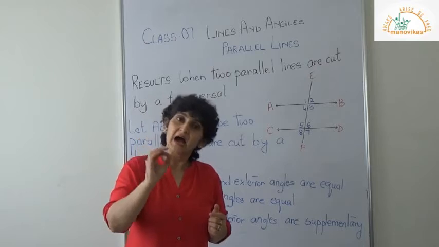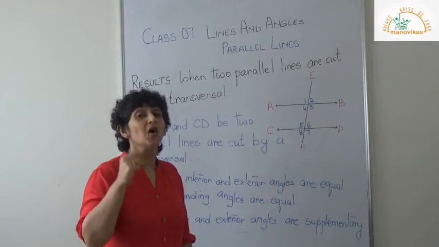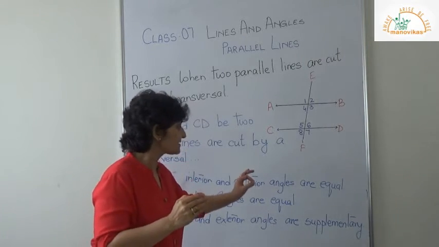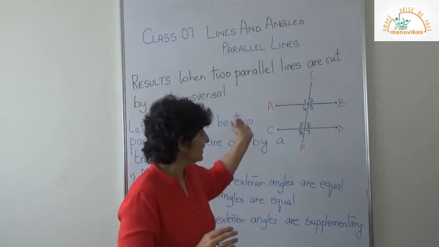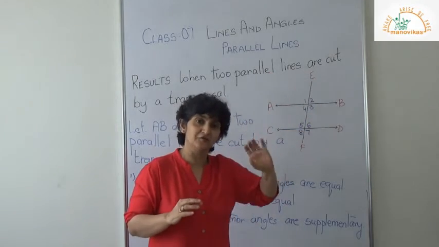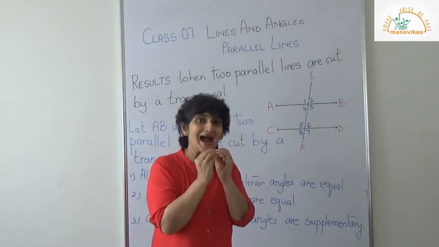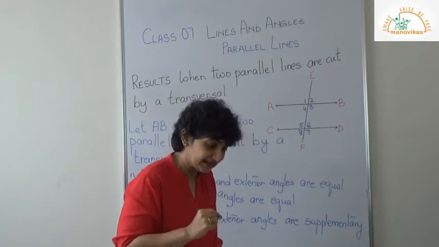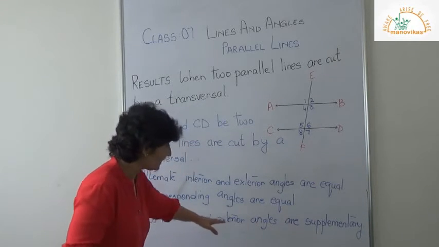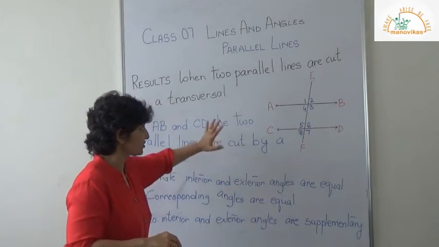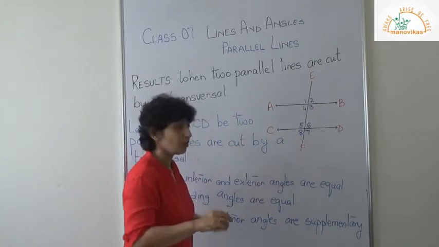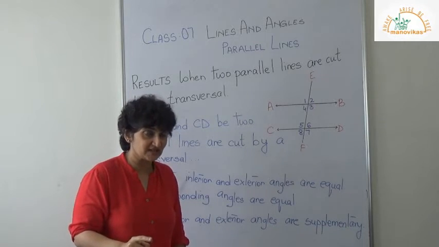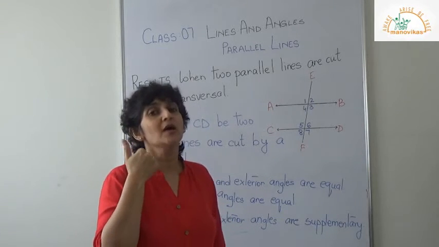Corresponding angles are equal and co-interior as well as co-exterior are supplementary, means the angles on the same side of the transversal, when you add them, the sum of these angles is equal to 180 degrees. Alright, I will show you later, children. Just understand this first.